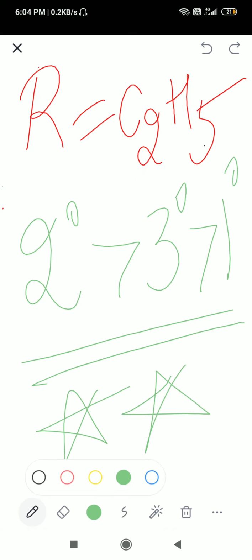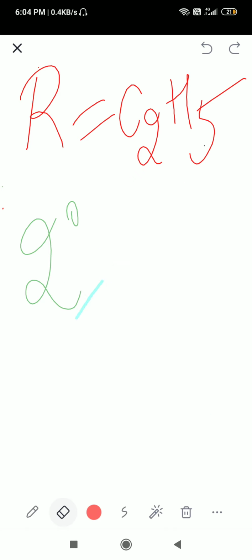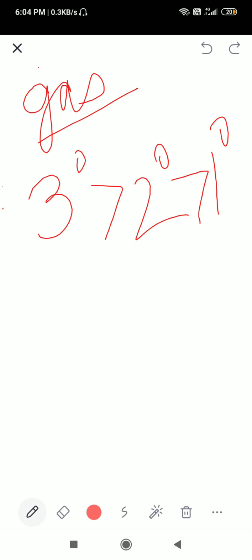Let me summarize. In gaseous medium, we have 3 degree, more than 2 degree, then 1 degree, irrespective of the R group.